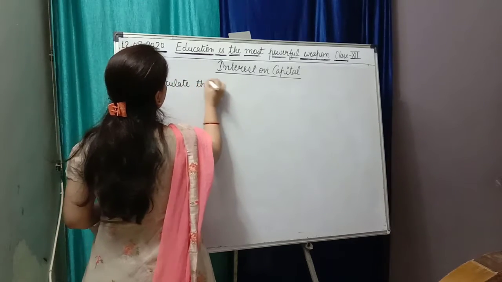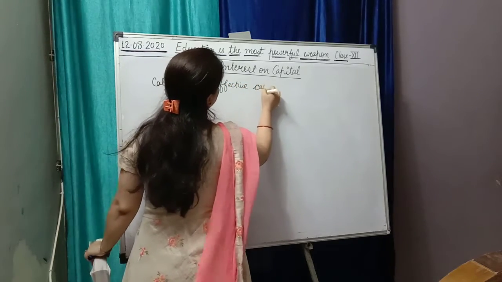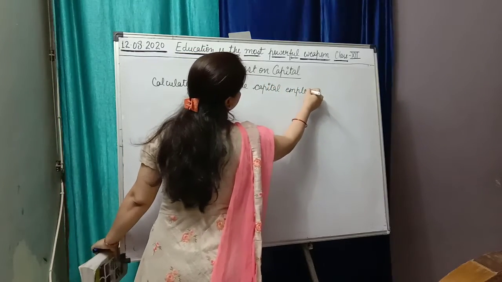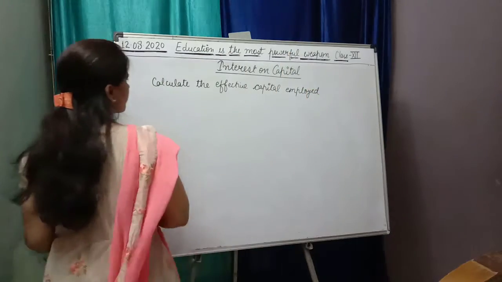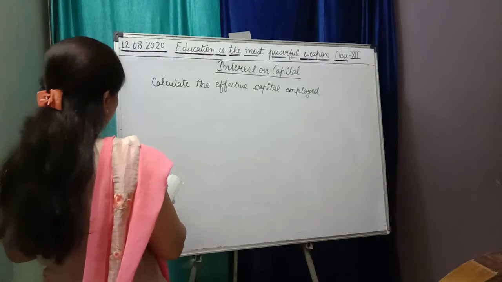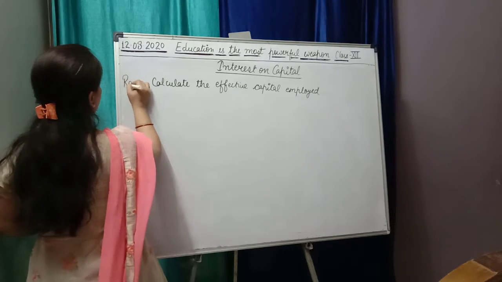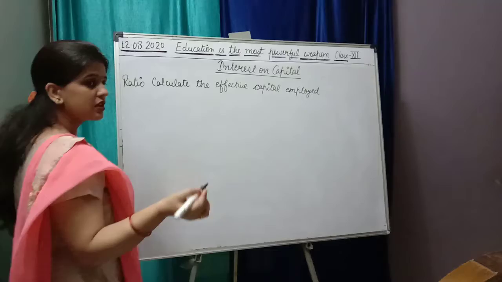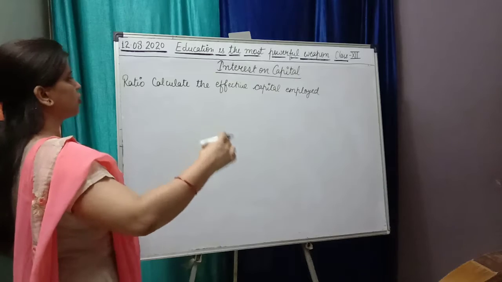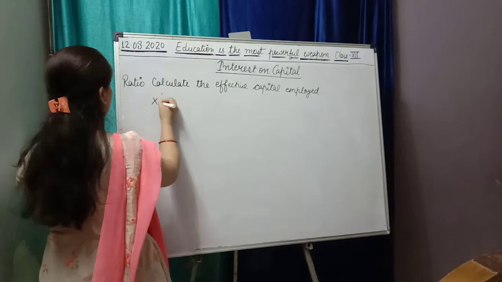First capital is given, X's capital. To take out the ratio, first we should know how to calculate the effective capital. So the effective capital of X, now we have to calculate.